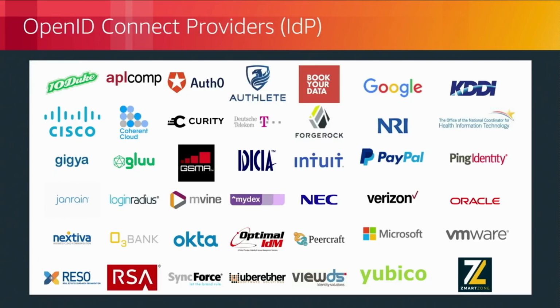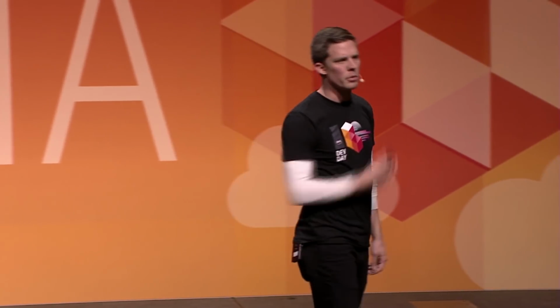Here's just a few of our OIDC providers. I have a customer that has millions and millions of users, and they've put a lot of time and investment into Auth0, which is a really wonderful tool. They've got Auth0 working for them beautifully. Now, as we discussed before, this customer doesn't need to go and reinvent the wheel and move all of their millions of users to Cognito and make it work for them.